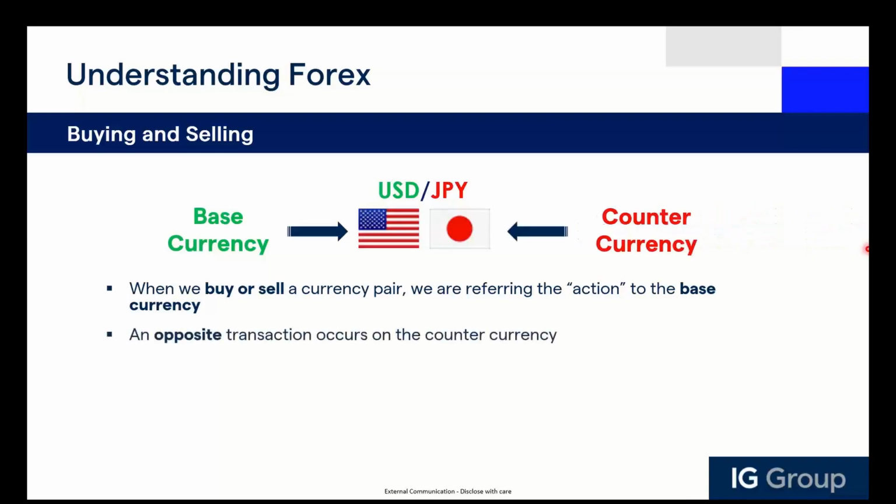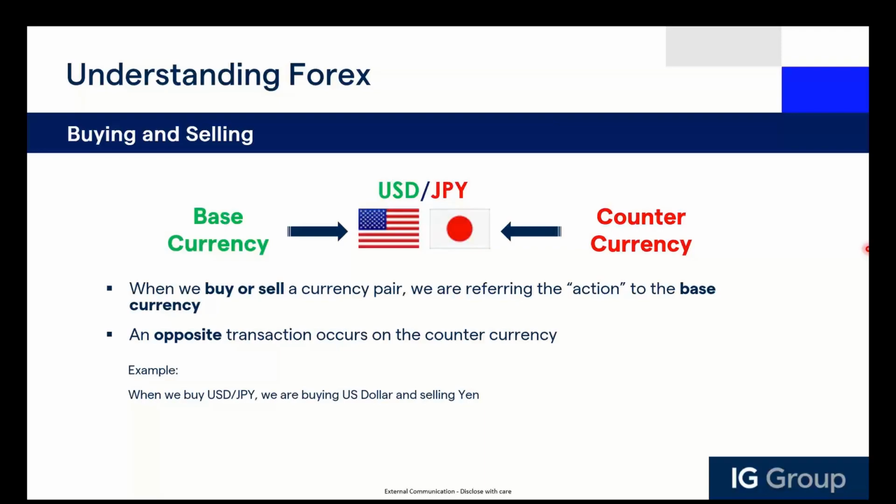The second currency is what we call the counter currency, and an opposite transaction will occur on the counter currency. What I mean is that if we are buying this pair, you don't just buy the US dollar, you need to buy the whole pair, the US dollar against the Japanese yen. So when we go long on this pair, essentially we are buying the dollar and selling the yen.